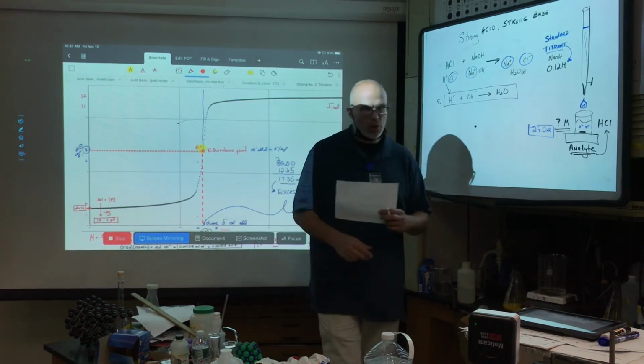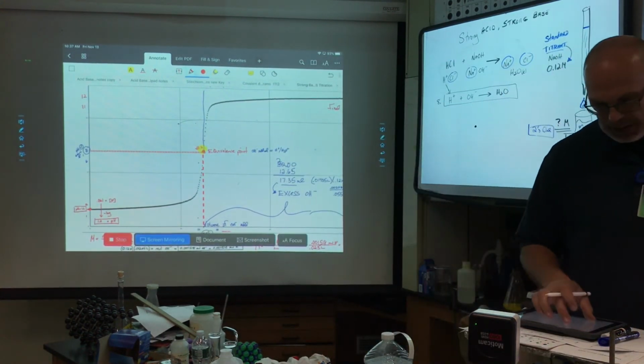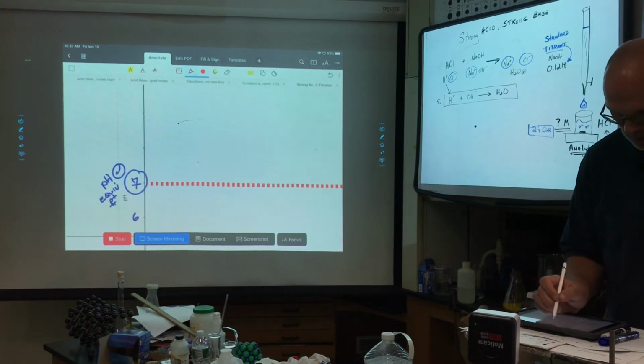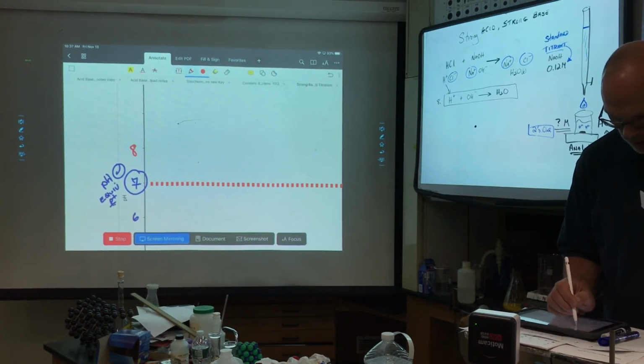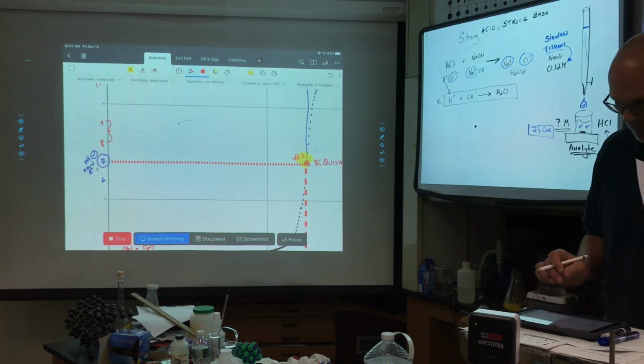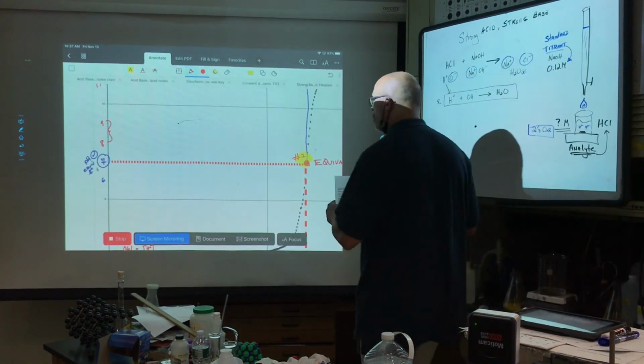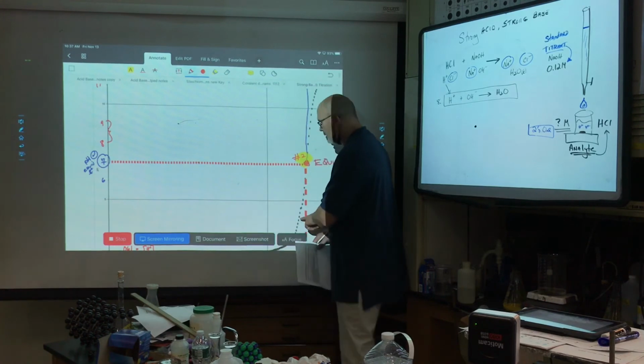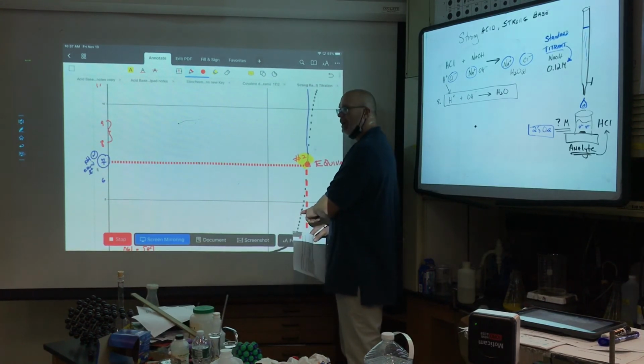So you should know that from a pH of 8 to 9, this is the region where phenolphthalein becomes visible permanently.